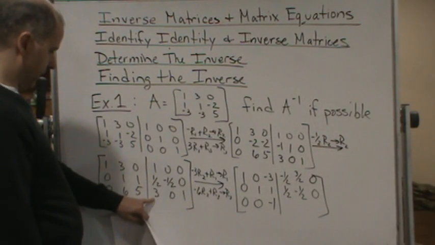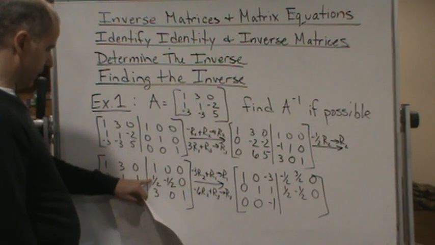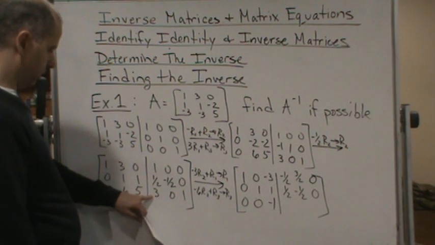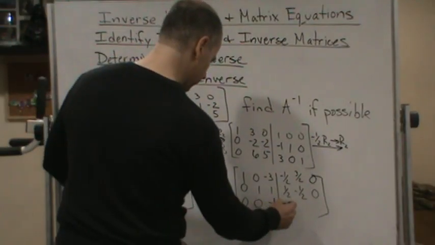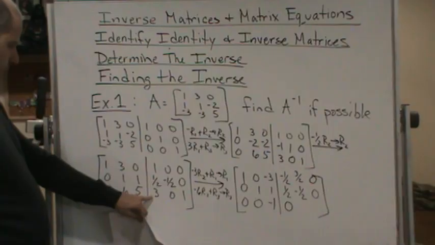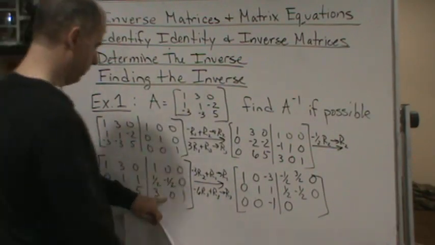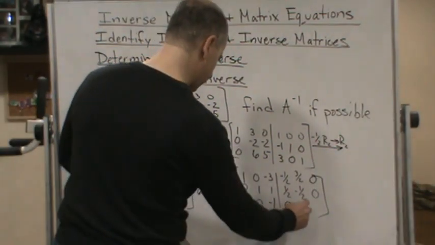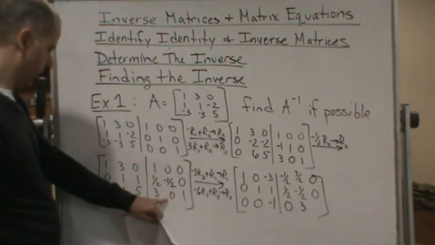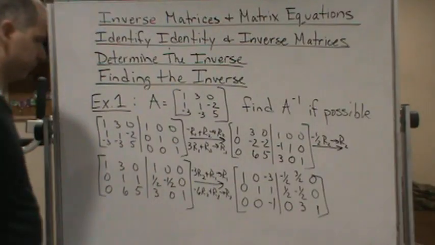And then up here, negative 3 plus 3 is 0. And then 3 plus 0 is 3. And then, of course, 0 plus 1 is 1.